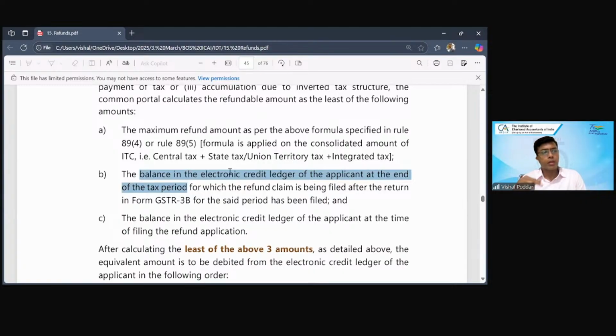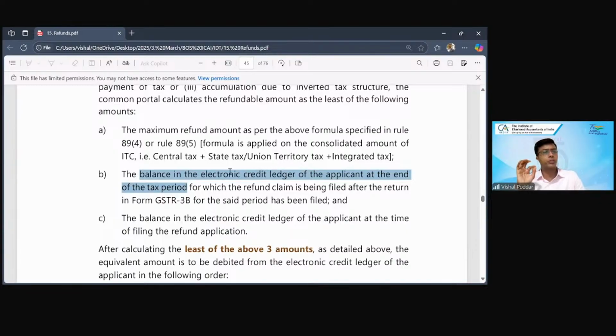Now, in this same month, that is, we are in June, I'm also filing the refund application for the month of February 2025. So one, I'm filing returns for the month of May. Two, I'm also filing a refund application for the month of Feb.